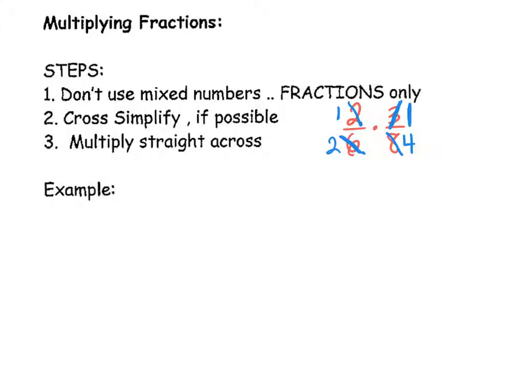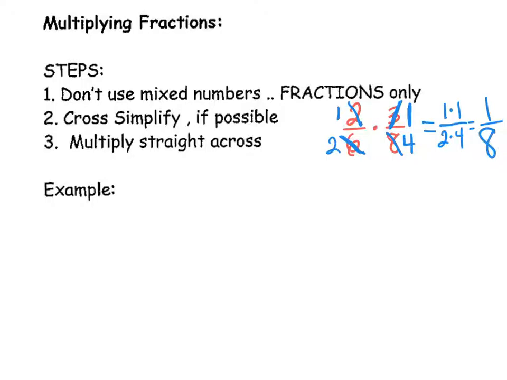Okay. Now I can multiply straight across. 1 times 1 on top. 2 times 4 on the bottom, right? 1/8. If you forget to cross simplify or cross cancel, it's fine.